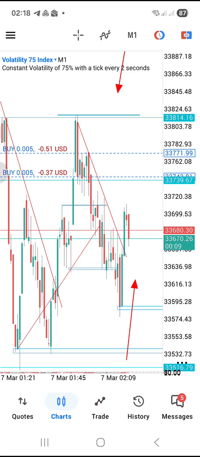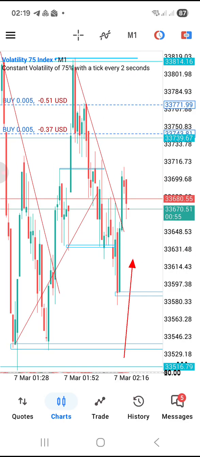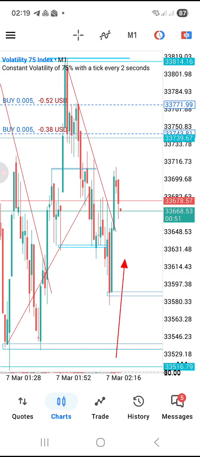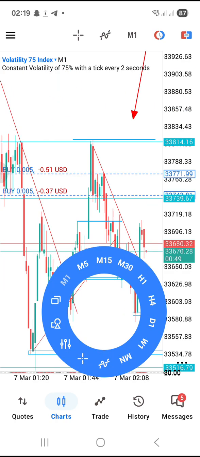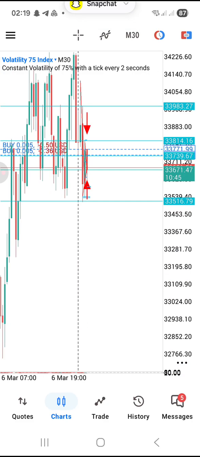Actually, what we were trying to do initially was to trade a pull-up, but we didn't expect that there would be a deep retesting for this zone, which is what happened. So next time we'll be careful of that.